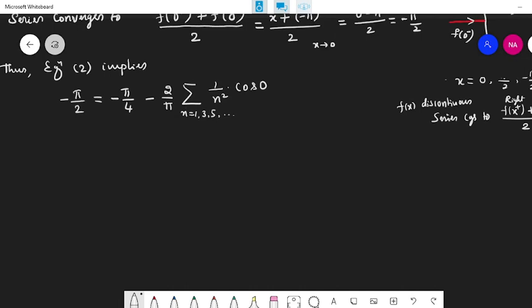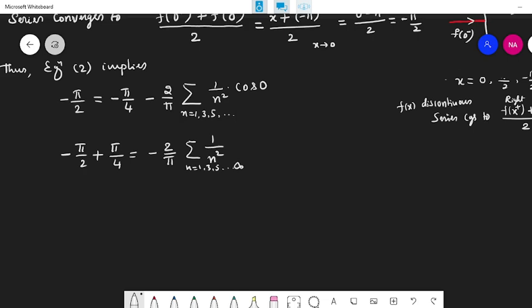Now take this minus pi by 4 to the right hand side. Minus pi by 2 plus pi by 4 equal to minus 2 by pi times summation 1 by n square, n ranges from 1, 3, 5 and so on up to infinity.